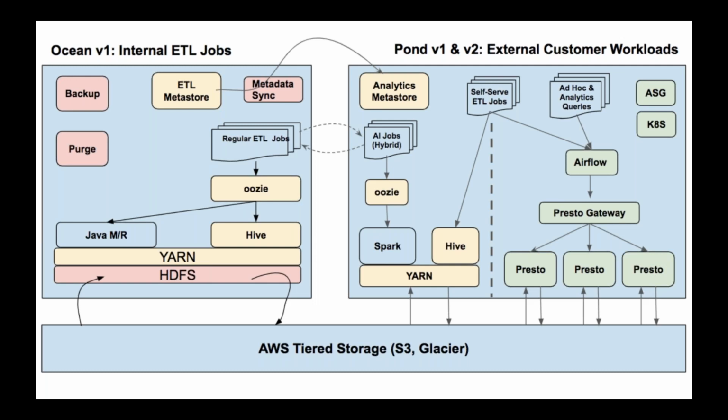But in bigger organizations in general, you have tons of legacy workloads running on legacy clusters like Yarn, Hadoop, or even HDFS. You cannot just say, oh, those are dead, we have to move everything to the new stacks like Presto or EMR. That takes a tremendous amount of compute resources and also a lot of engineering resources.